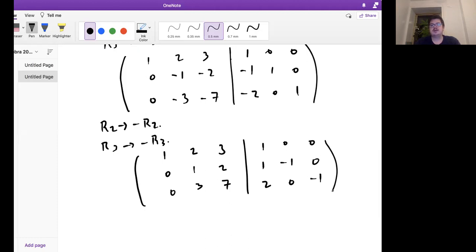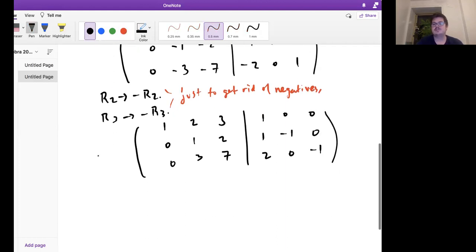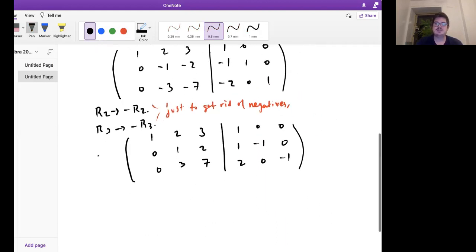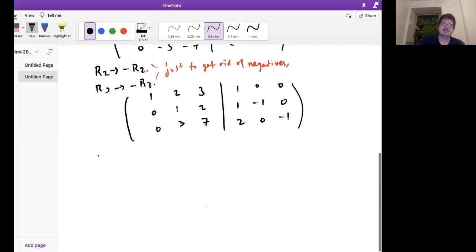Oh, this is just a quality of life operation. You don't need to do this, but it's just to get rid of negatives, because it'll be easier to work with. It's easier to mess up if you have too many negatives.